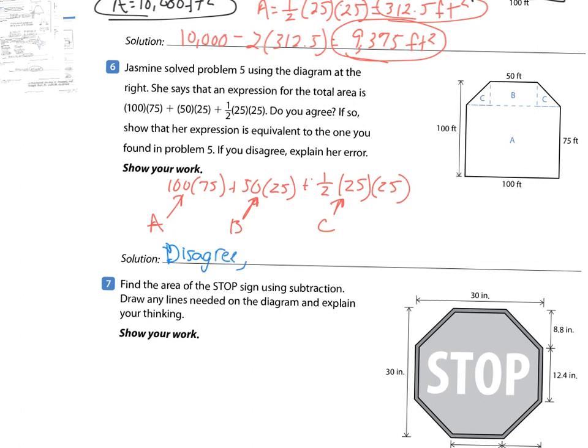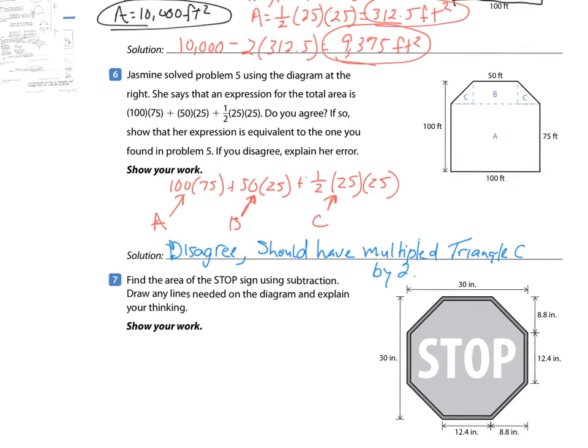Explain her error: she should have multiplied triangle C by 2, because there are 2 triangle C's.